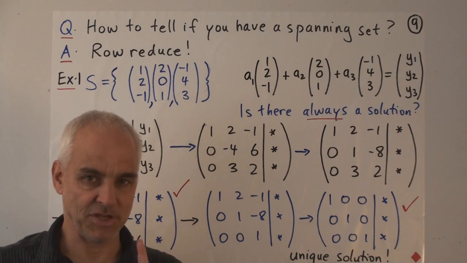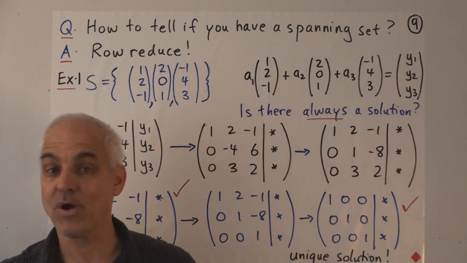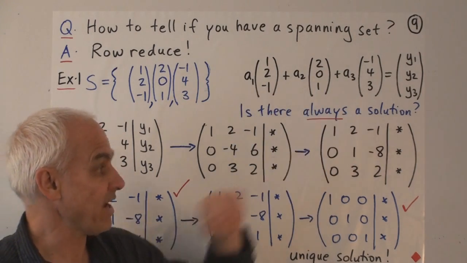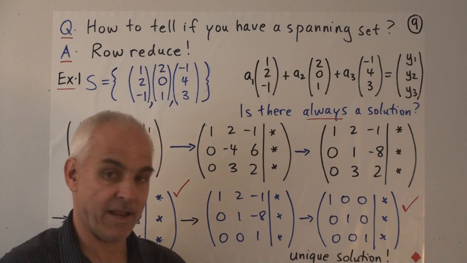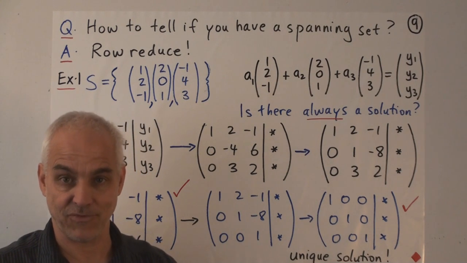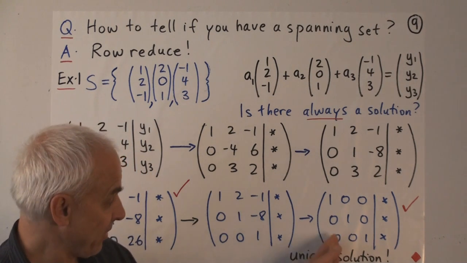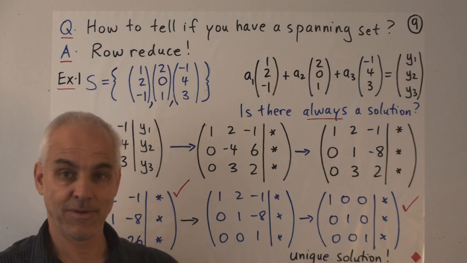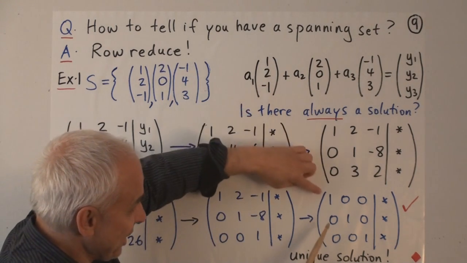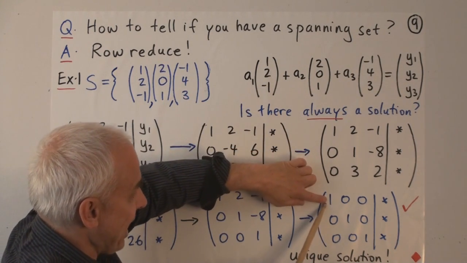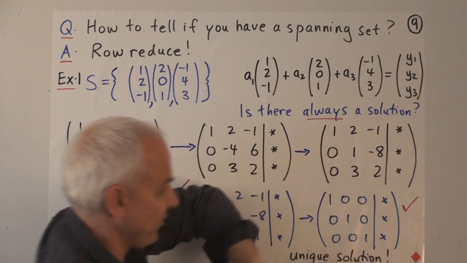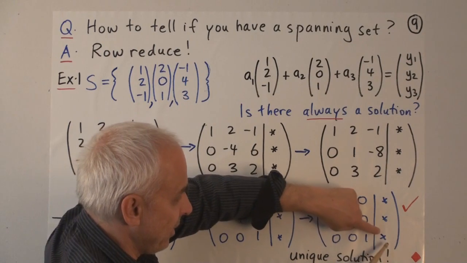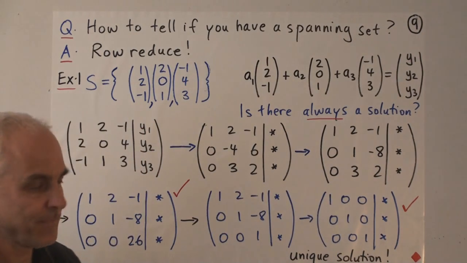Now, what were we interested in? We wanted to know, does the original system always have a solution, independent of the right-hand side's particular values? And we can see right here that it does. There's a unique solution. The unique solution is A1 equals whatever this is, A2 equals whatever this is, and A3 equals whatever this is.